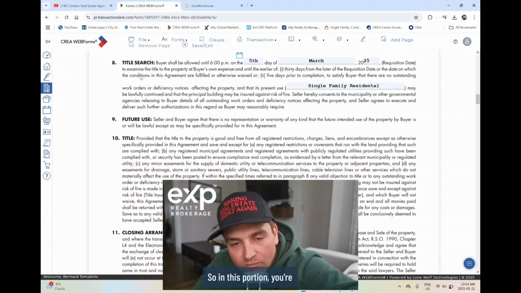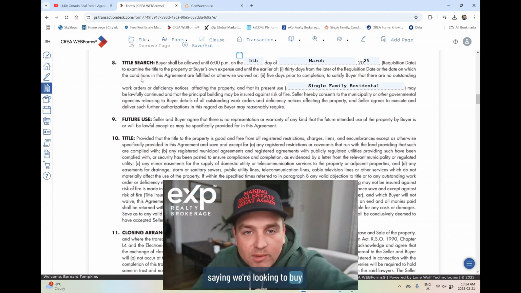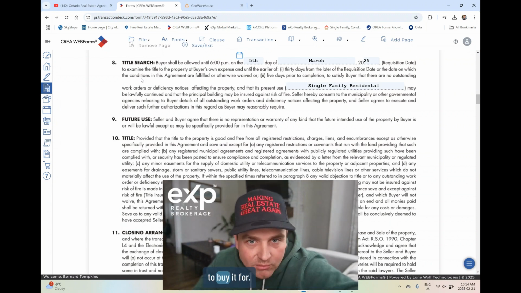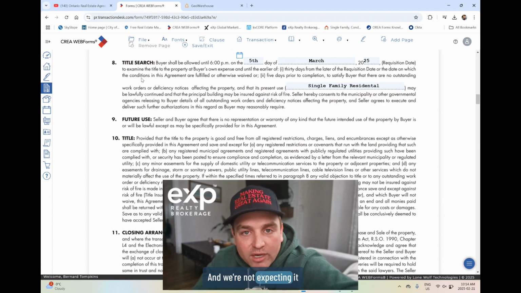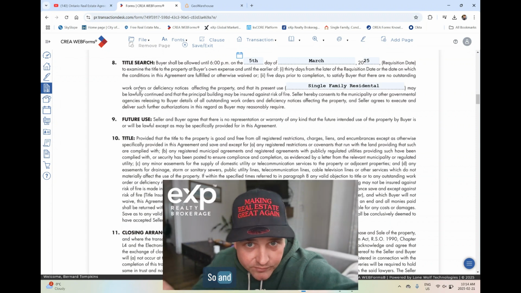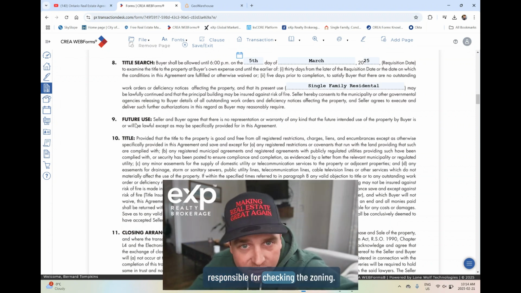So in this portion, you're saying we're looking to buy the house as a single family residential property, and we're not expecting it to be anything else than single family residential. The buyer is responsible for checking the zoning.